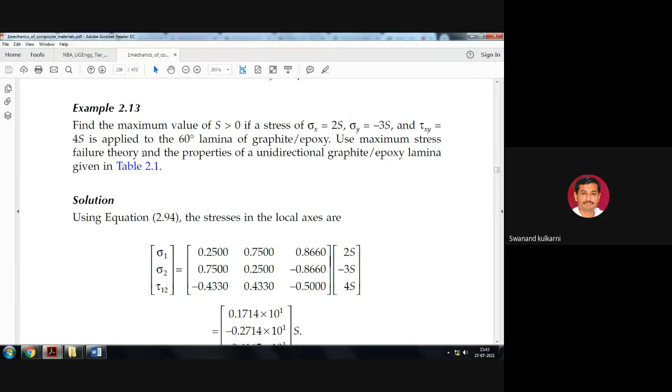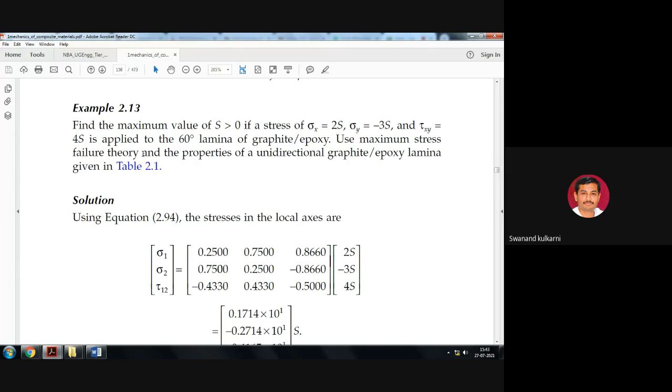So sigma x is the stress acting in x direction, sigma y is the stress acting in y direction, and tau xy is the shear stress. The values are given in terms of S.